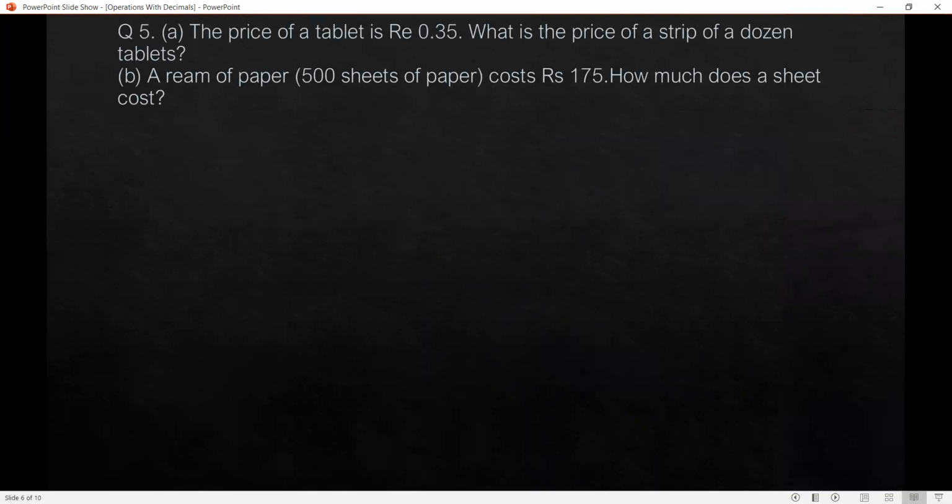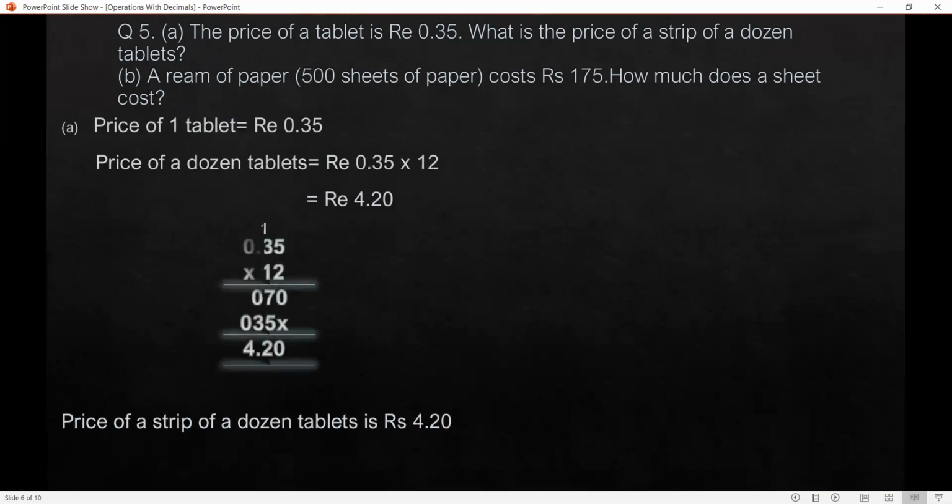Here is question number 5. Question number 5 has 2 parts. So let us start with part A. The price of a tablet is rupees 0.35. What is the price of a strip of a dozen tablets? Dozen means 12. The price of one tablet is given. We have to find the price of a dozen tablets.